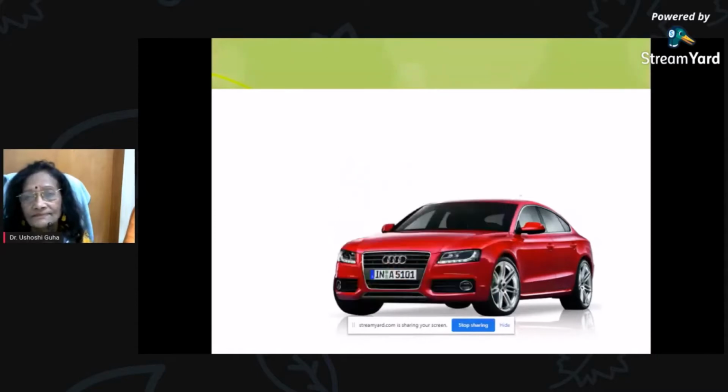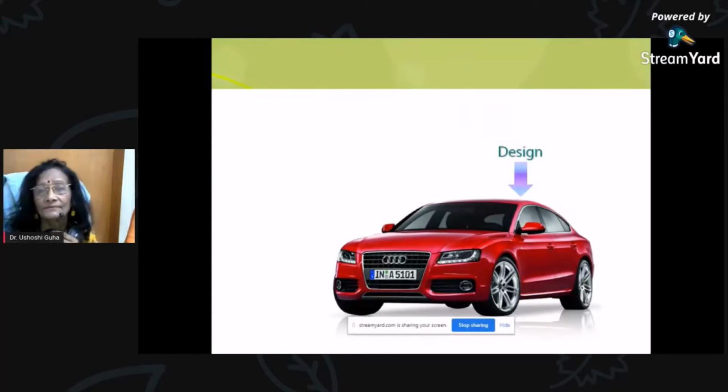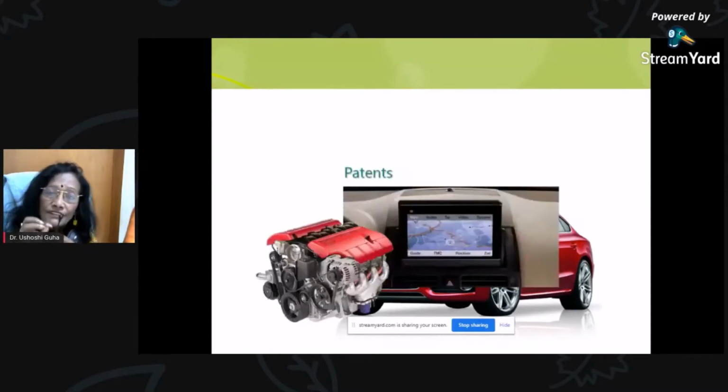Next, you just see the outer part of the car. The outer part of the car has a particular look. It has a particular kind of configuration that is known as design under IP. So the outside part is the design, and inside, whatever is the machinery, whatever is the technology, goes under patent of IP.